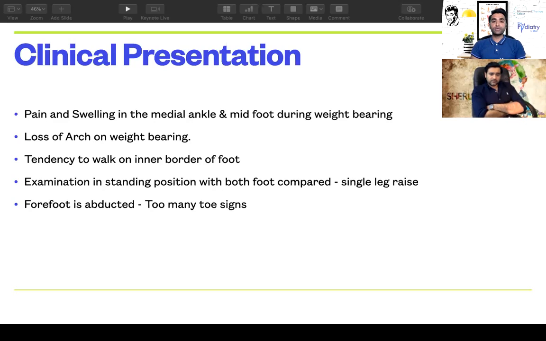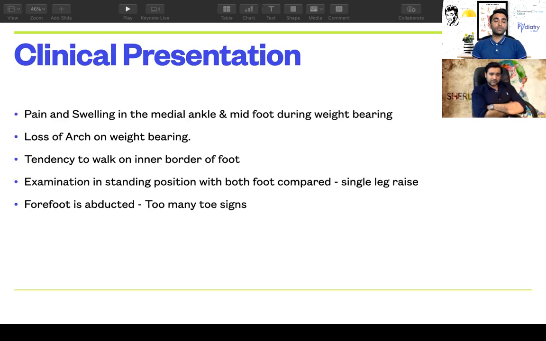Examination is in the standing position with both feet compared. We can get them to do heel raises on both feet, and then on one leg. I'll go into that in a little more detail when I'm talking about the stages of the condition and when we do the testing.